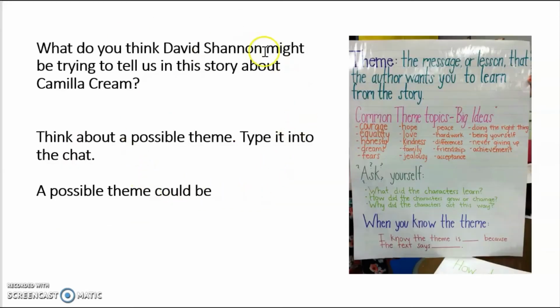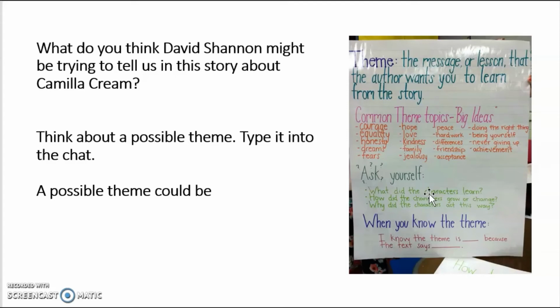We then went on and talked a little bit about theme, and there's an anchor chart here that introduces some common themes by topics. I told you guys that theme is really a lesson that your author wants the reader to take away. Usually it can apply to other stories. It's not specific to that story or the characters. For example, a theme for this story would most likely not be that it's important to eat lima beans so that you don't turn different colors.